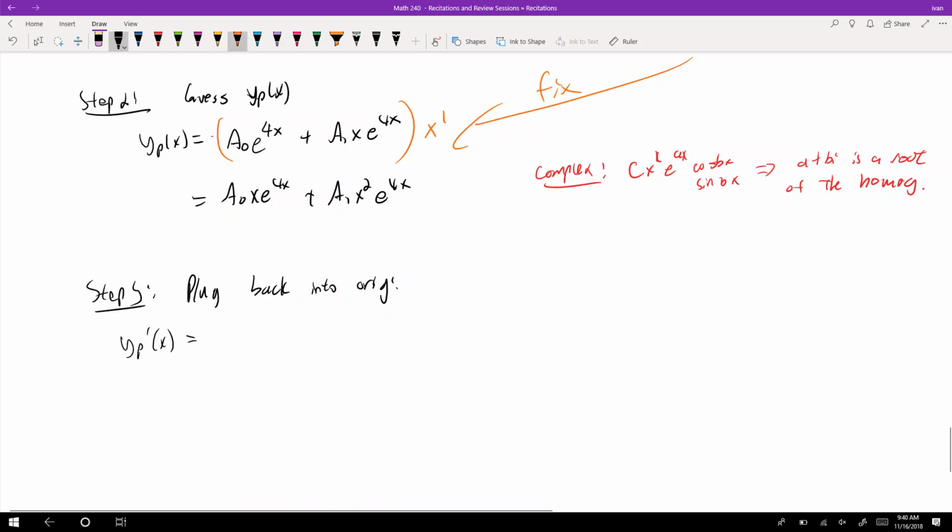So this first term becomes a naught e to the 4x plus 4a naught x e to the 4x. The second term becomes 2x a1 e to the 4x plus 4a1 x squared e to the 4x. All right, so that's the second term.